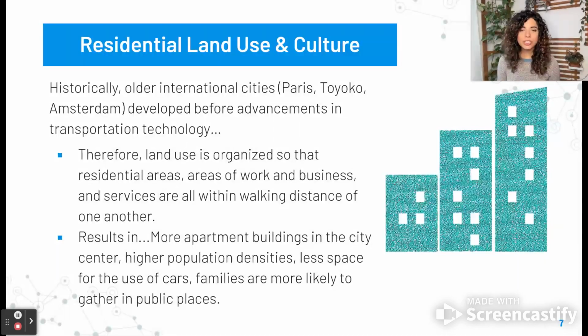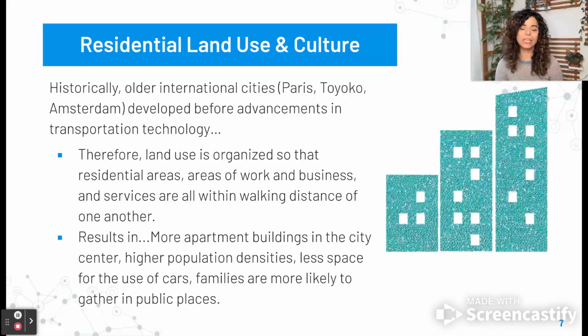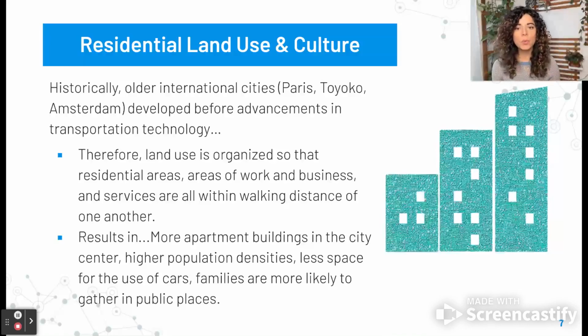So residential land use and culture. So historically, older international cities, places like Paris, Tokyo, Amsterdam, so many others, developed before advancements in transportation technology. So because of major advancements in transportation technology happening far later, we see this land being organized differently.